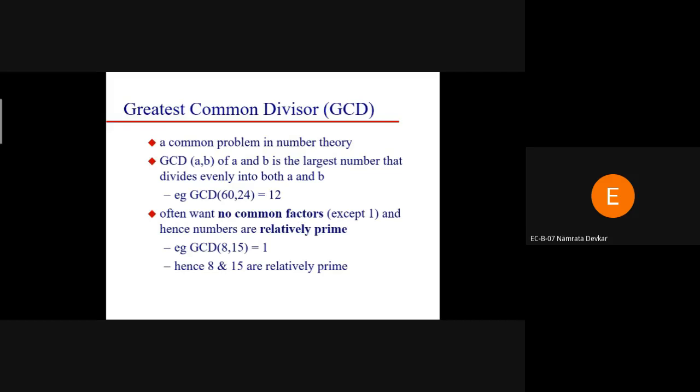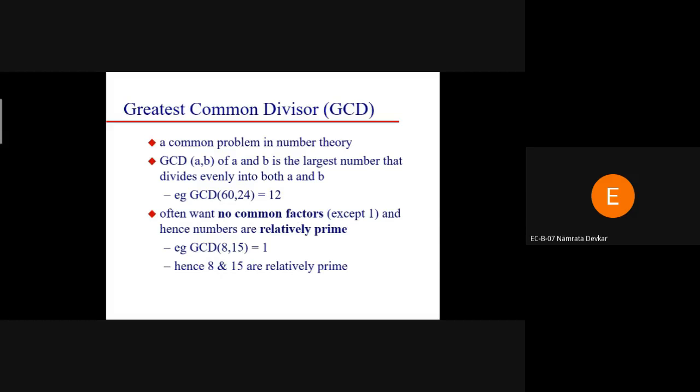If we find the greatest common divisor of 60 and 24, that should be 12. In a GCD we find the common divisor, so the greatest common divisor of 60 and 24 is 12.